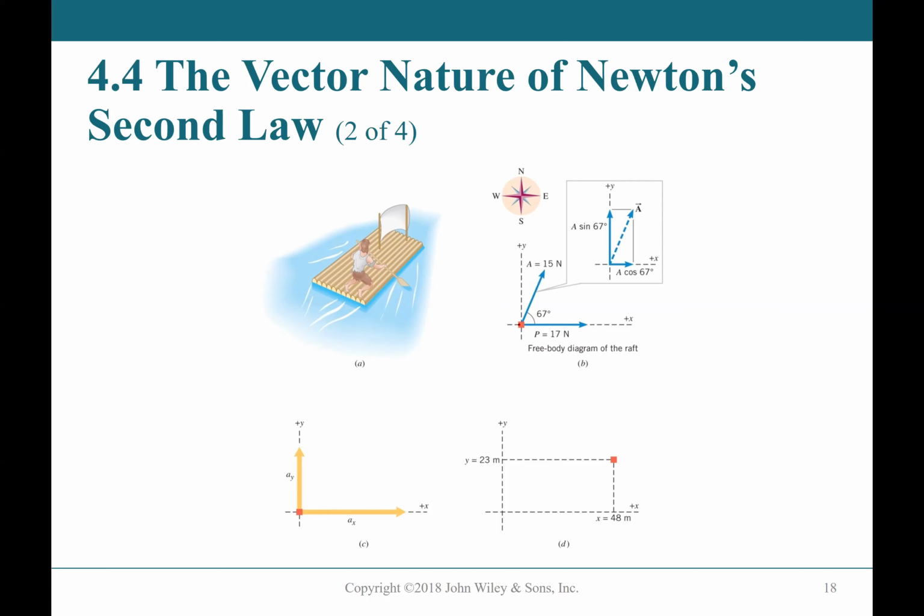And I'm going to have a component from the air along the positive Y direction. So now I need to find out, it says the X and Y components of the raft's acceleration.